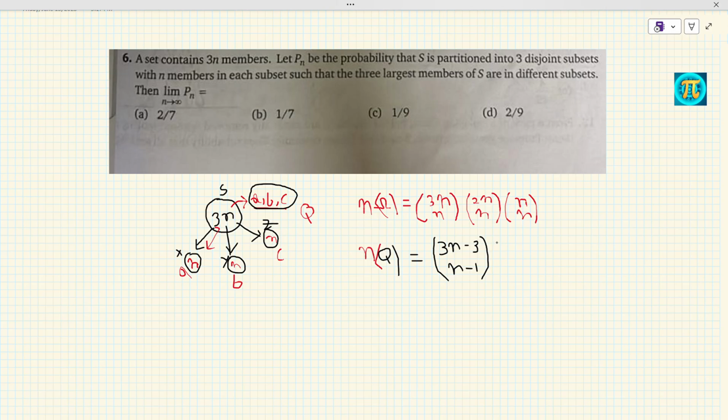Now we are going to do the same, like we have taken n elements out of 3n, including A. We have taken n elements out of 3n, so we are left with 2n elements.